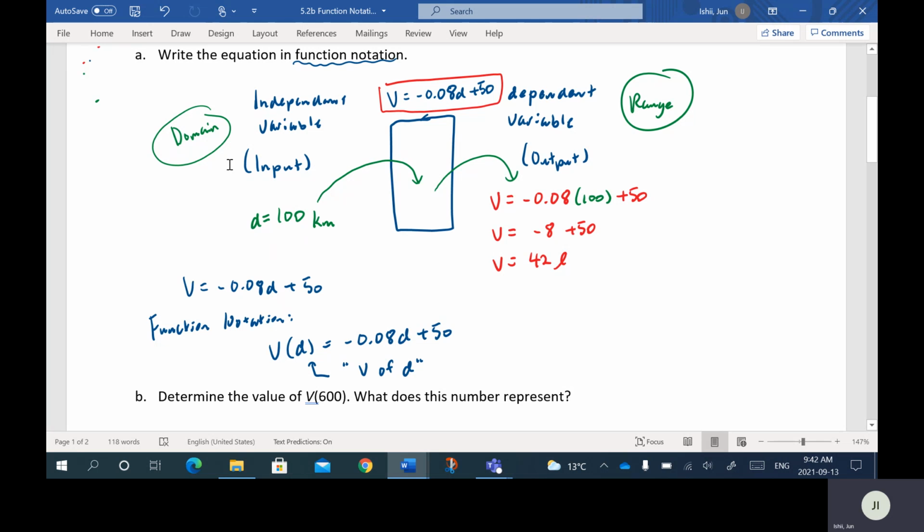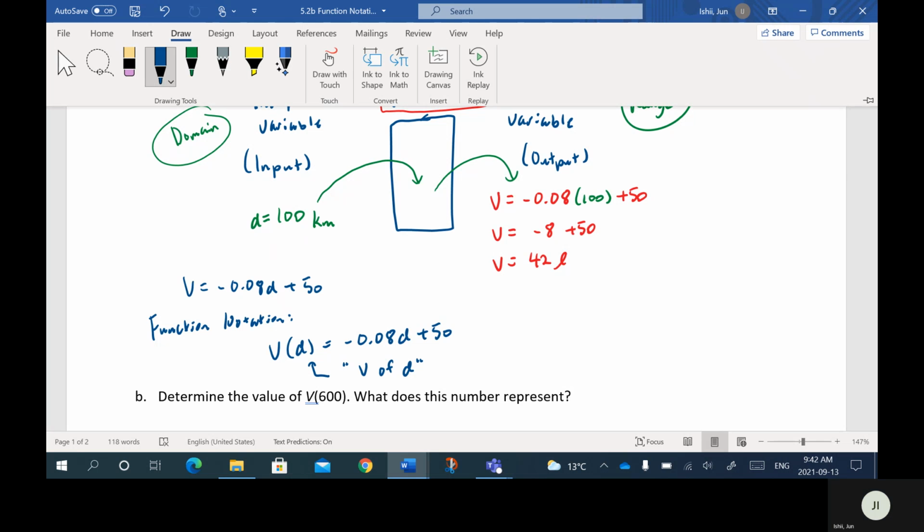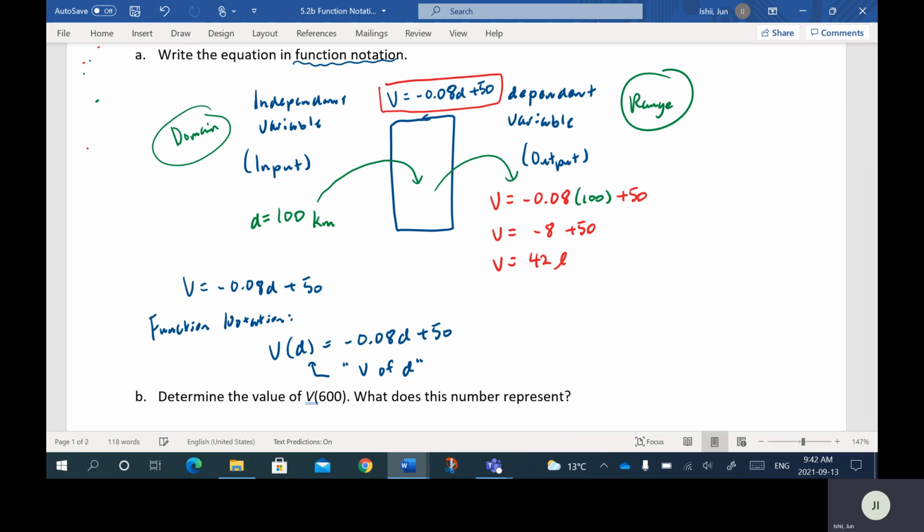Essentially what we did up here, this value here is D, and this value here would be V of 100. So anyways, the volume at 100 kilometers is 42 liters. That's how it's rendered.